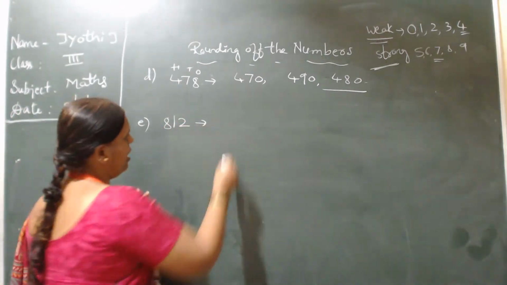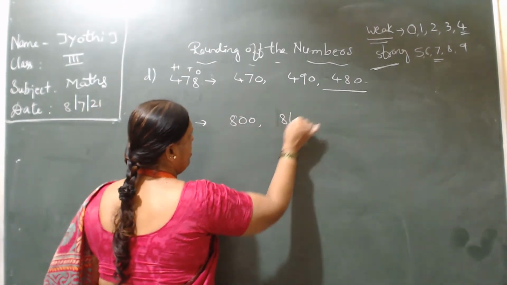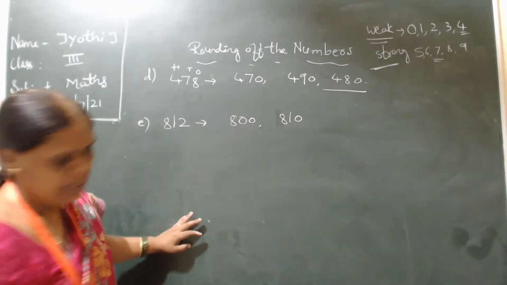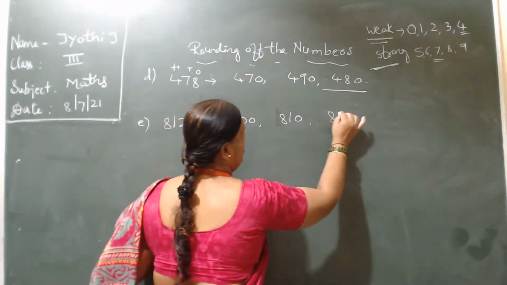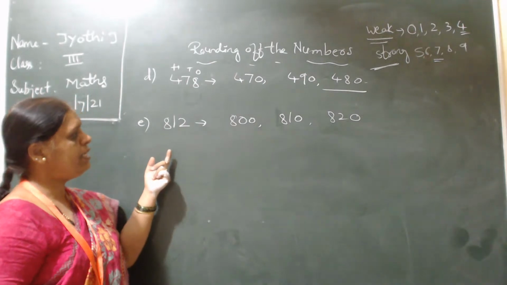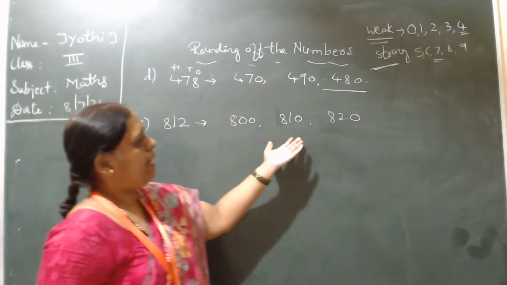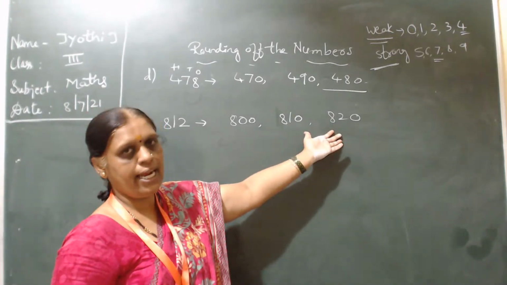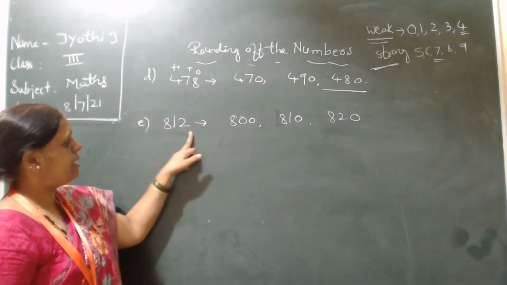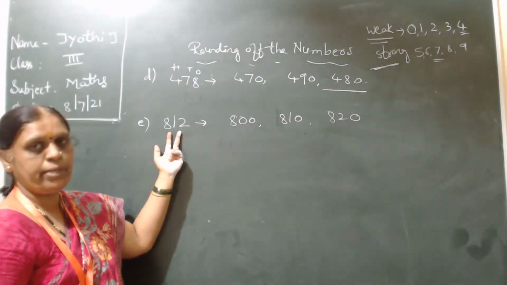Next one, 812. The options are 800, 810, 820. What should we take? Whether we have to take 800, 810 or 820. Now see this, we are rounding to the nearest tens, so tens should be there.